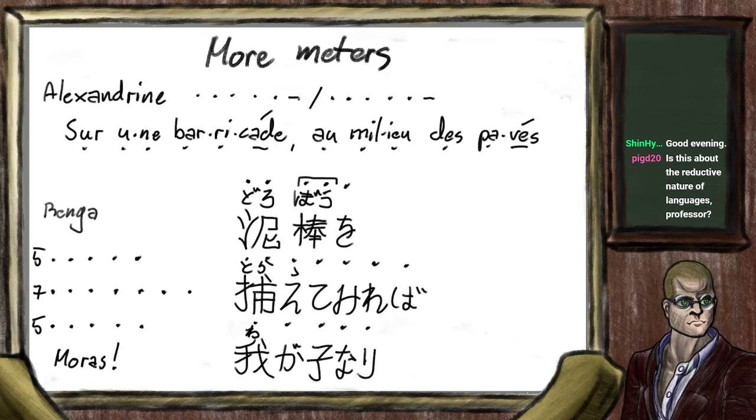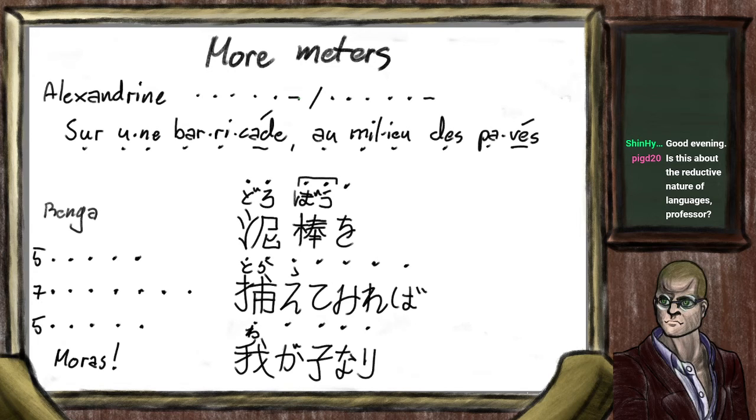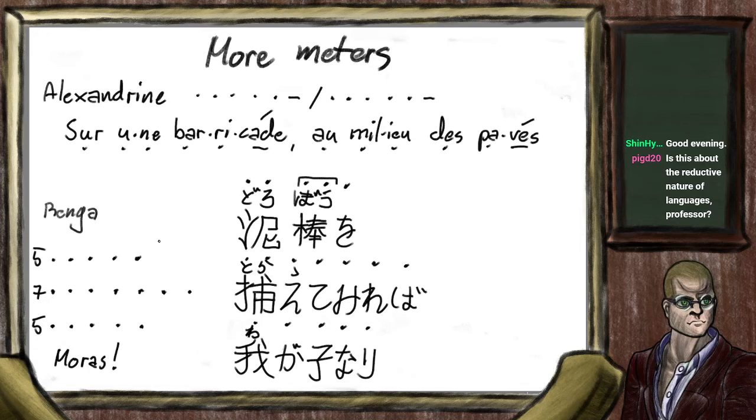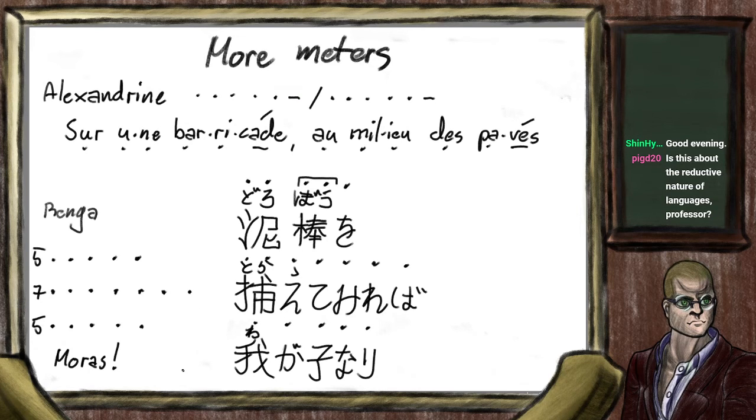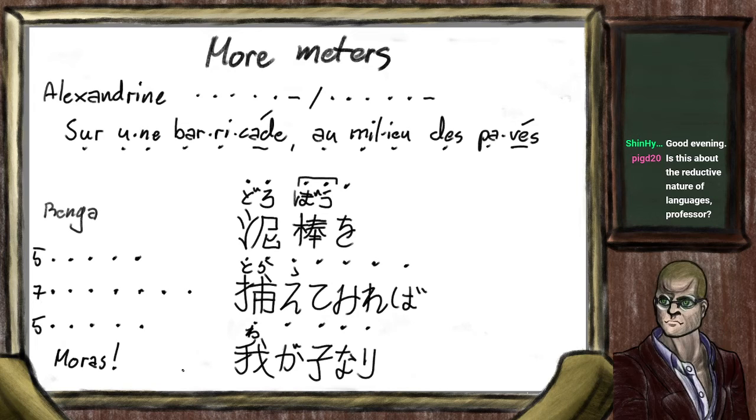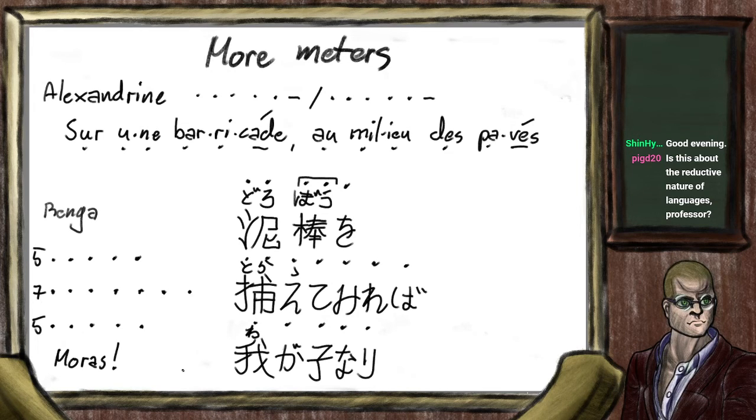Then getting into Japanese. This meter is renga, which is an alternating between lines of 5 and 7 mora. This is copied from Chinese. In Chinese, it was 5 or 7 syllables, but in Japanese, this has been changed into mora, moras or morae, if you want to be particularly Latin about it.